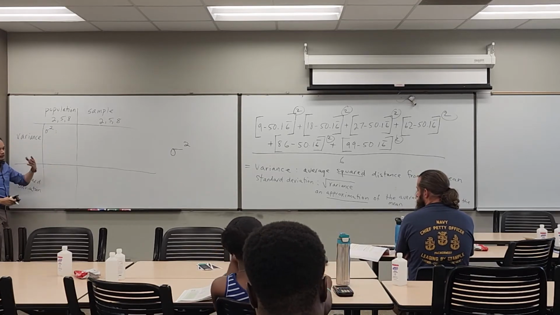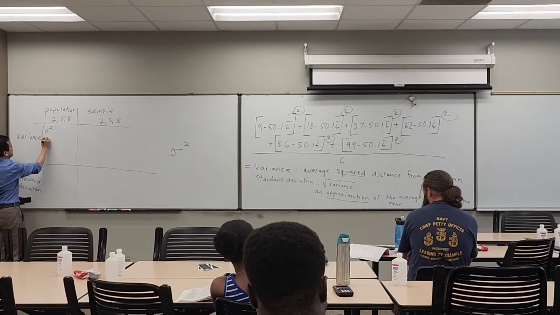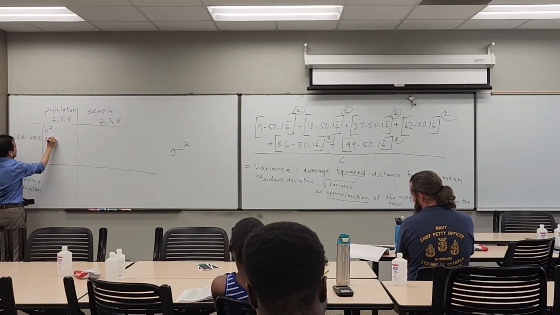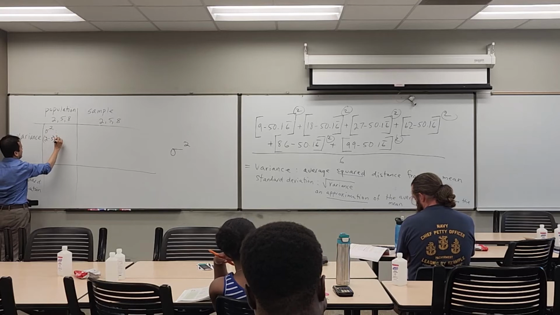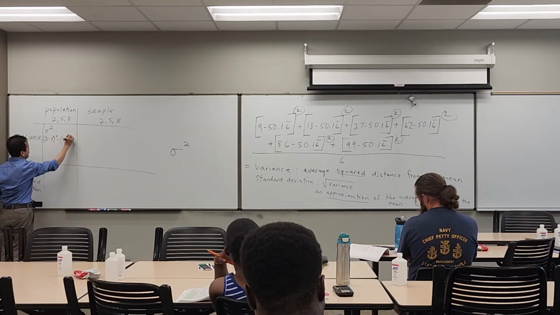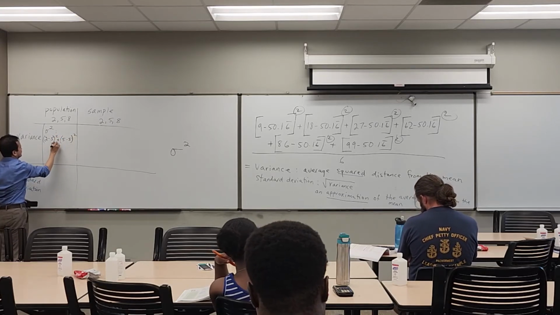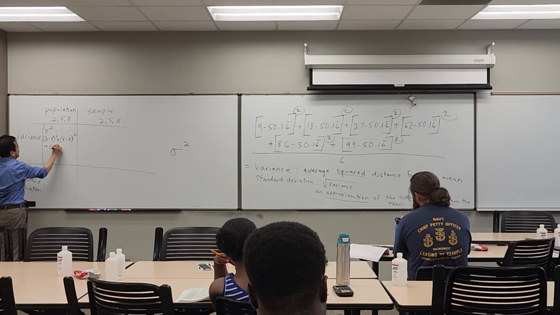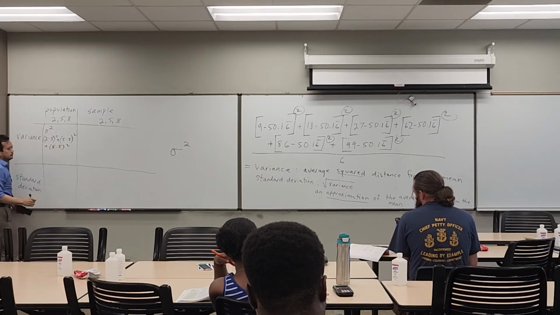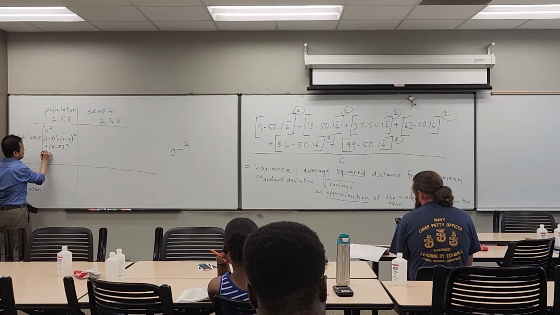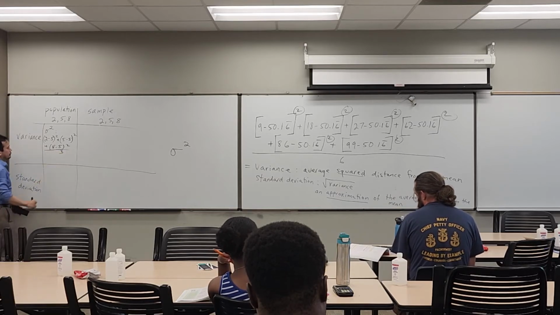So we want to find the average squared distance. So we'll take 2 minus 5, square that, plus 5 minus 5, square that, plus 8 minus 5, square that. And then find the average of that squared distance, so divide by 3.